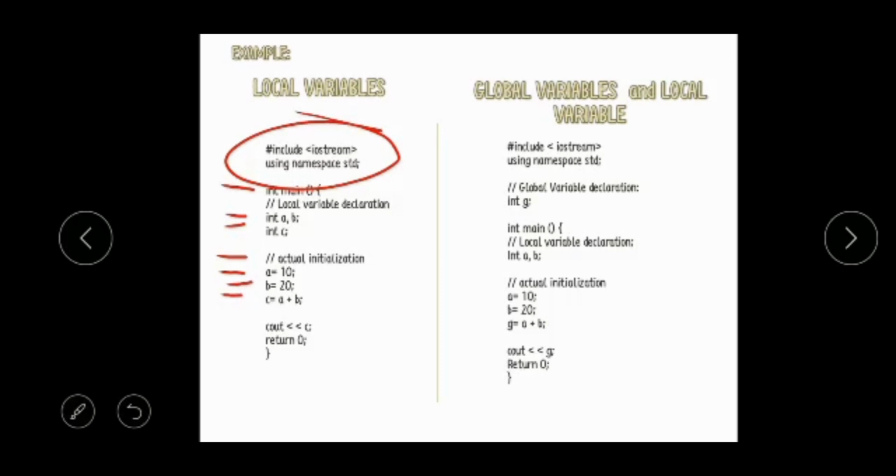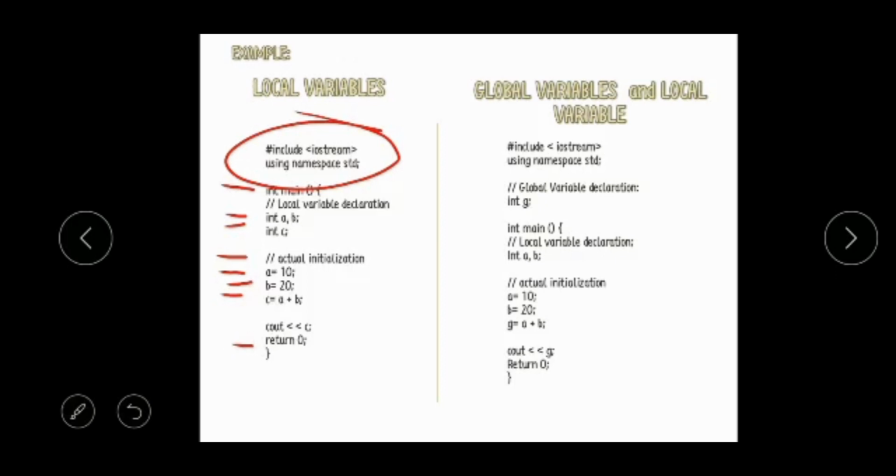This line adds the value stored in a and b and stores the result in c. So the value of c, which is the result of adding a and b, is displayed on the console using the cout stream. Return 0.